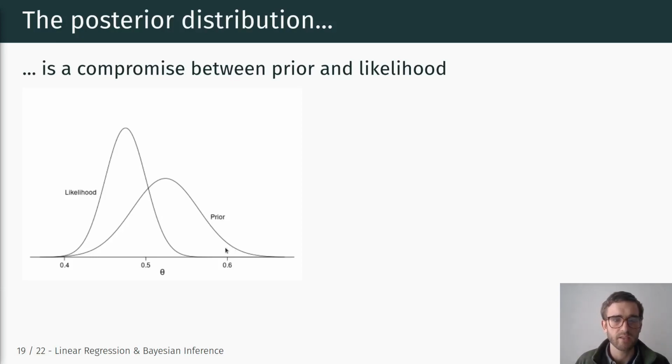So if we put both the prior distribution and the likelihood distribution on the same scale, we can then combine them into a posterior distribution, and that's ultimately what the Bayesian estimate does. It combines the prior estimate and the data estimate, which is characterized by the likelihood, into a posterior estimate.